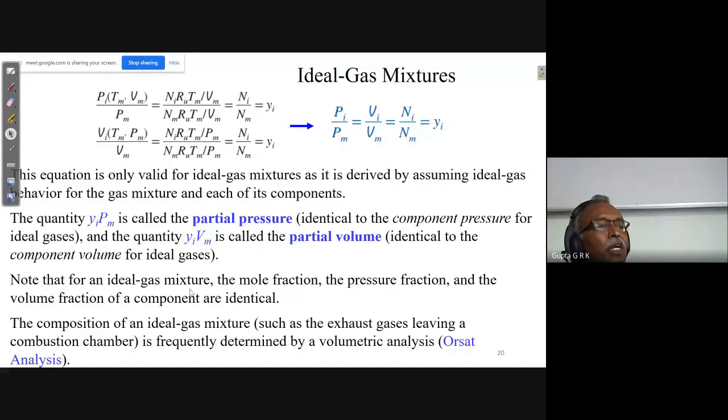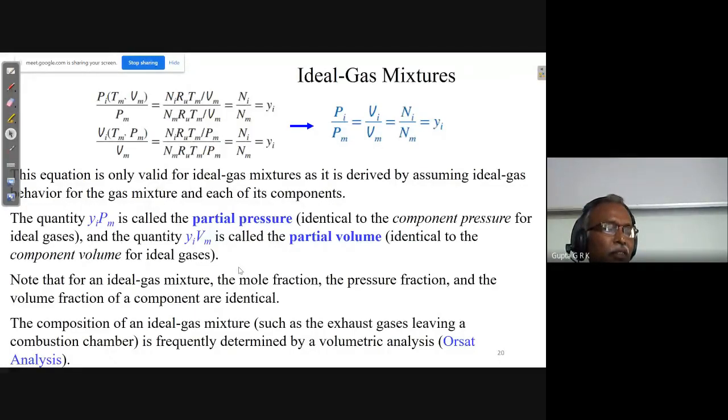Note that for an ideal gas mixture, the mole fraction, pressure fraction, and volume fraction of a component are identical. The composition of an ideal gas mixture, such as the exhaust gases from a combustion chamber, is frequently determined by a volumetric analysis. Many times air will have some composition, and in the same way exhaust gases will have a composition. Usually for IC engines or gas turbines, we try to find the analysis of the exhaust gases coming out.